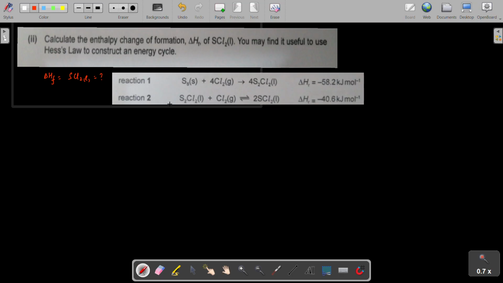If we look at reaction 2, we can see S2Cl2 liquid when it reacts with chlorine gives us 2SCl2, and the enthalpy change of this reaction is minus 40.6. If we look at this reaction, we can solve it by making the Hess's cycle.